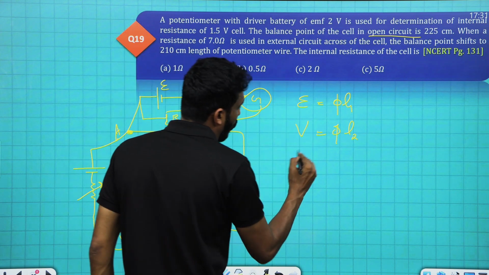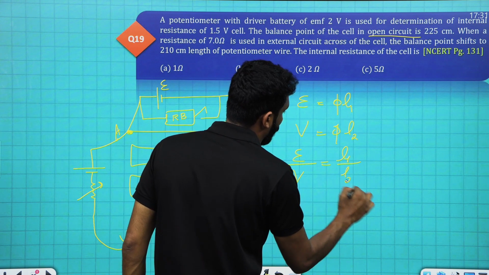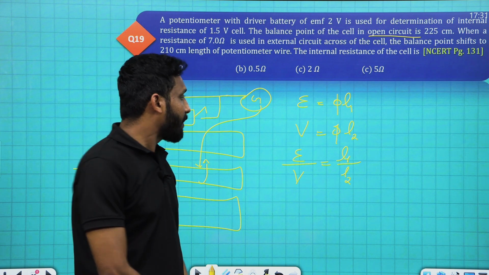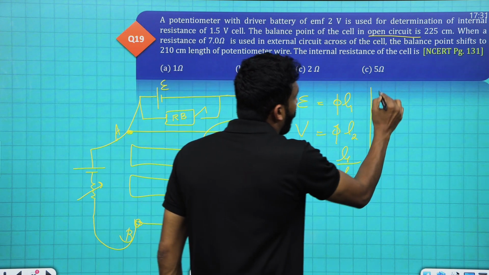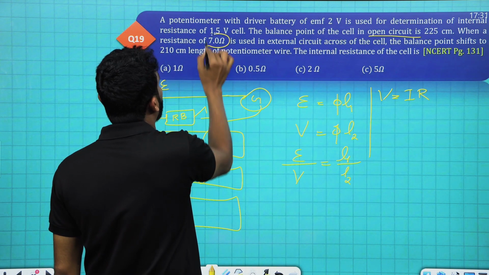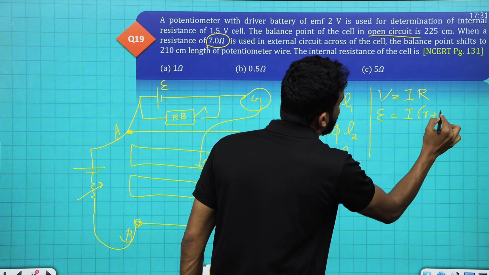Just divide these two: E by V is equal to L1 by L2. And we have the formula V is equal to IR, where R is this external resistance connected, and EMF is equal to I into (R plus r). This is the formula.